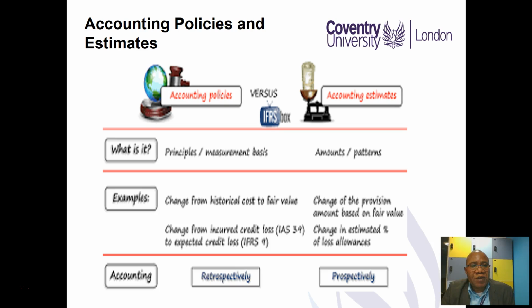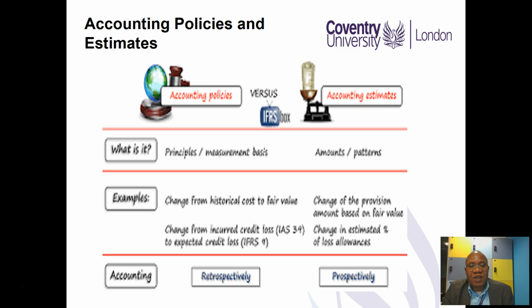We also discuss accounting policies and accounting estimates. Accounting policies are mostly principles or measurement bases that an entity would adopt to implement the accounting standards. It is pertinent that the entity must disclose what accounting policy they use. Oftentimes, the accounting policy will not change because it has to be carefully selected.